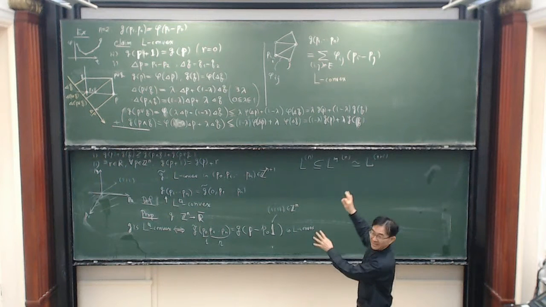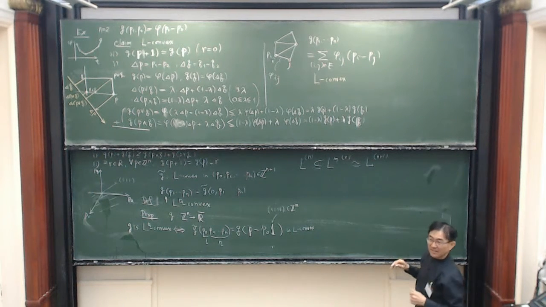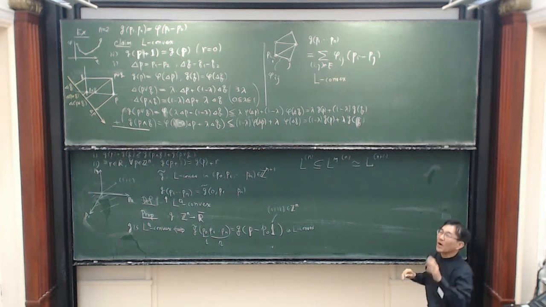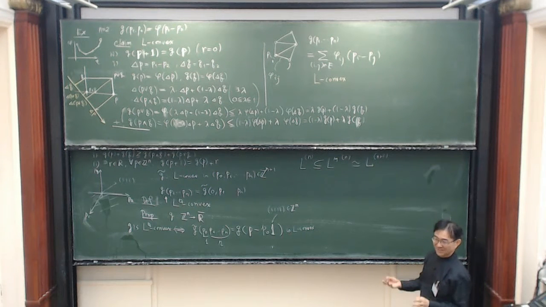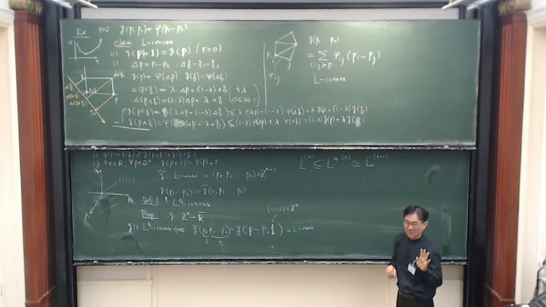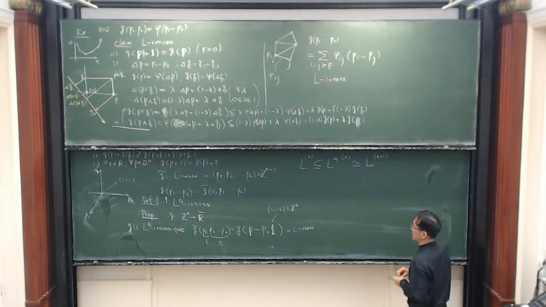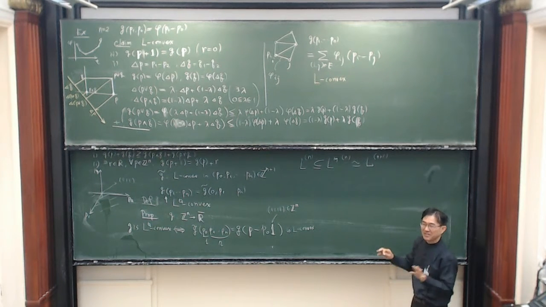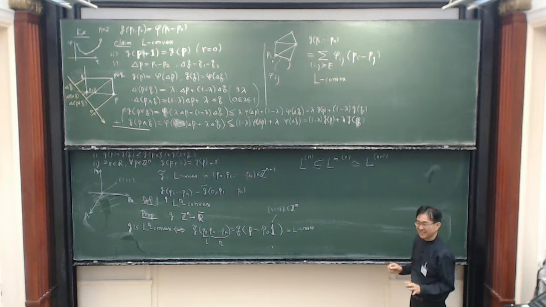Oh, at the beginning. Yes, you're right. But I didn't prove it yet. I announced it. I'm going to prove it later. Okay, good. So logically, I didn't say anything about convexity yet.